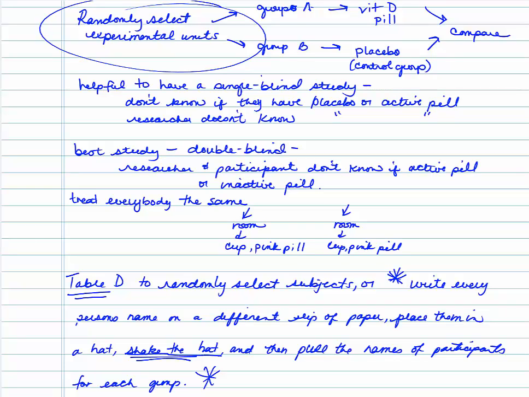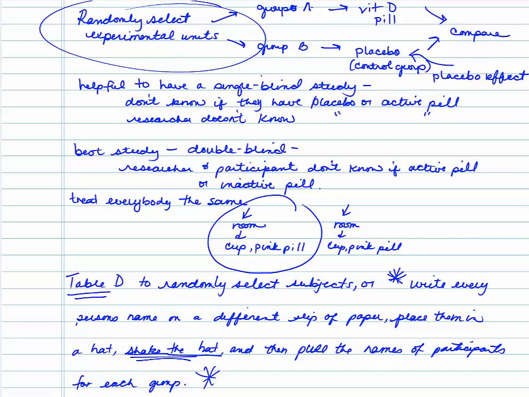Now, there is another thing to keep in mind, and I'm going up to the top again, it's called the placebo effect. And what happens is when these people get taken into a room, given a cup with a pink pill, they don't know if they're getting an active pill or an inactive pill.